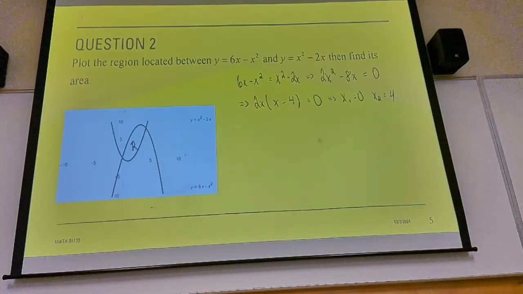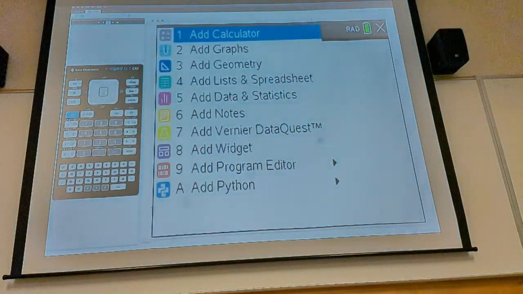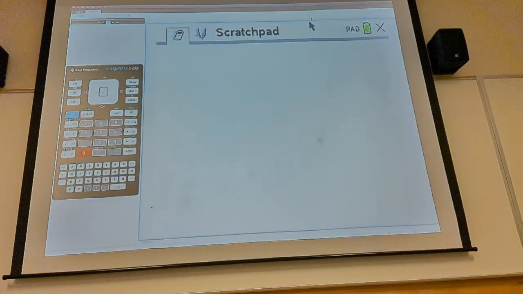Confirmed. 0 and 4. But let's say we're feeling particularly lazy, and we don't feel like doing it by hand.